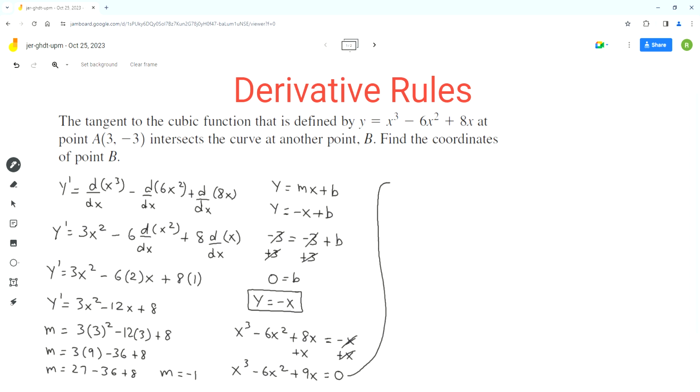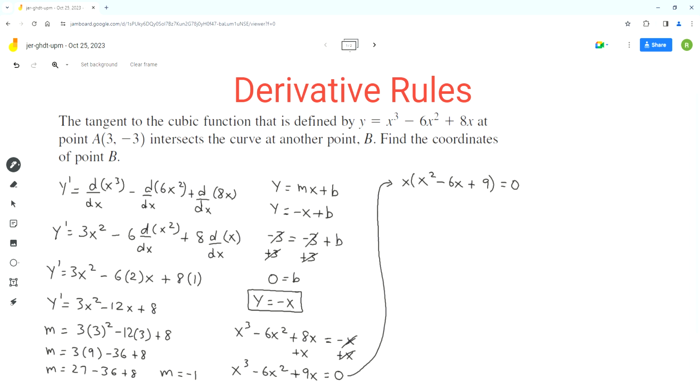So now we have to solve this equation. The first step is to do common factoring. We can factor out an x from each term in this equation. So we get, in the parentheses, x squared minus 6x plus 9 equals 0. So we have a simple trinomial in the parentheses.